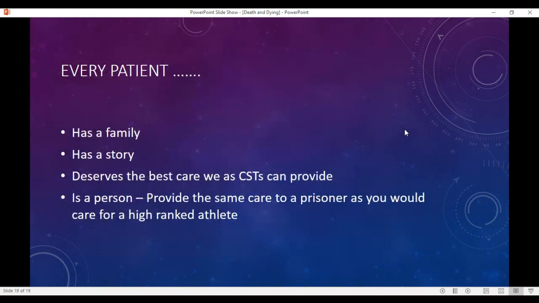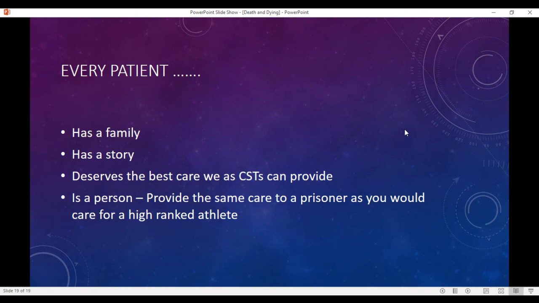All right, here's what I want you to remember. As you enter your medical career as a CST, every patient has a family, right? You will work on prisoners if you work at St. Luke's, St. Al's, West Valley, and any of those nonprofit facilities. You don't get to know their story, but they do have a story.